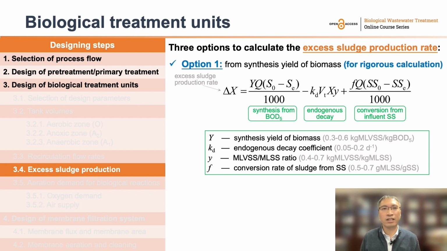The lowercase y is the ratio of MLVSS to MLSS, which is normally lower than that of CAS, because of the higher degradation of organics and the higher membrane retention of inorganics in the MBR system. The lowercase f is the conversion rate of sludge from SS. SS0 and SSE are the feed and effluent SS concentrations of the biological system, respectively.